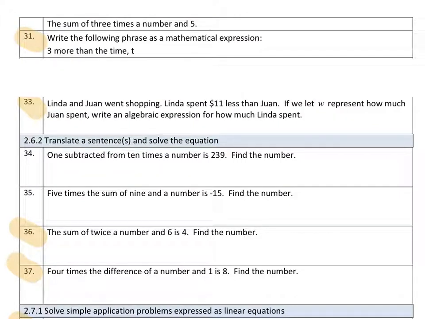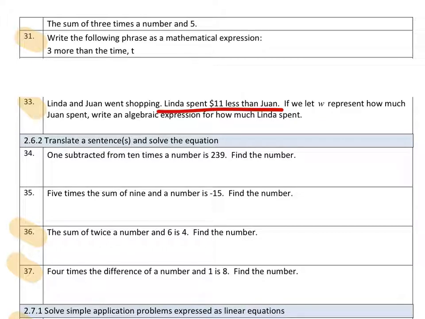Linda and Juan went shopping. Linda spent $11 less than Juan. If we let W represent how much Juan spent, write an algebraic expression for how much Linda spent. Well, it said that she spent $11 less than Juan. And of course, this is one of those that's a less than one.